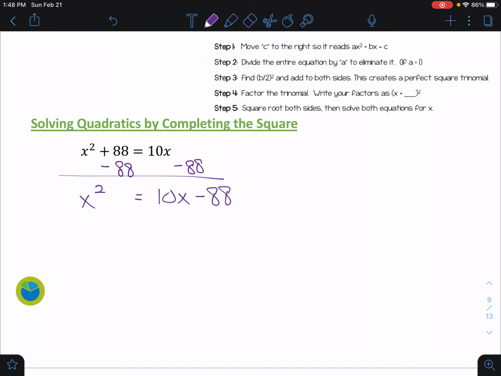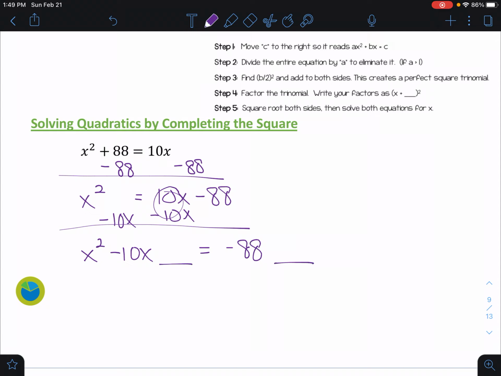Now I need the bx term to go over here, so I'm going to have to subtract 10x. I got x squared minus 10x equals negative 88.